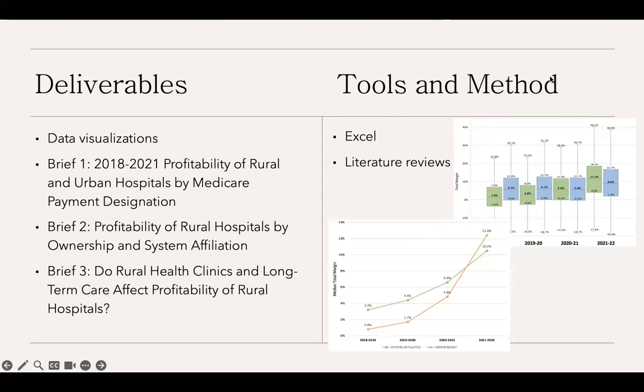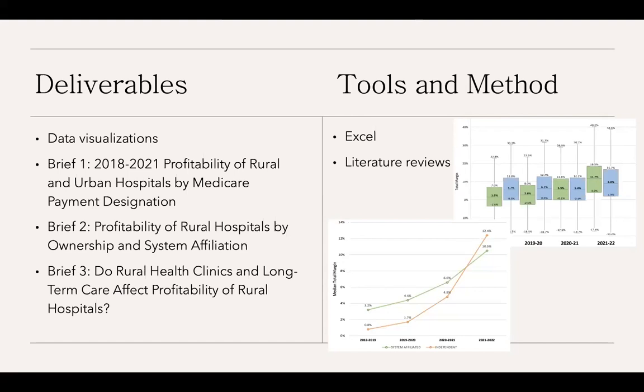So these are the deliverables and tools and methods. I had the data set and I was involved with visualizing the data set to study the profitability of the rural hospitals. I mainly used a lot of Excel for the data visualizations, as you can see on the right. Just a small example of the kind of data visualizations that I did.